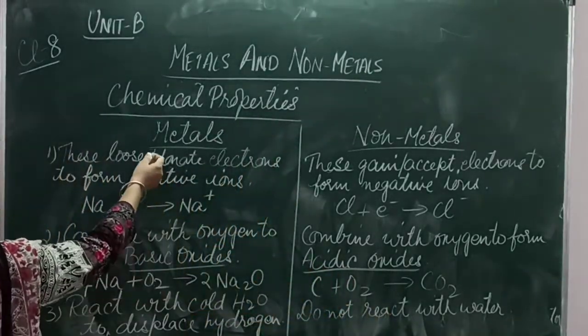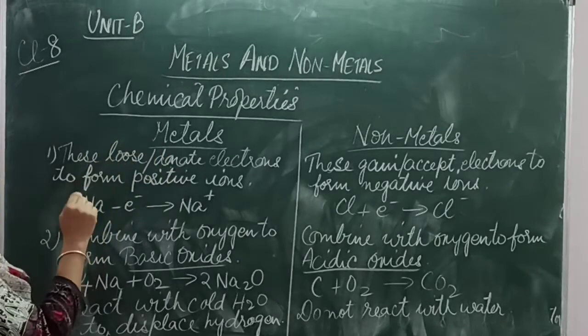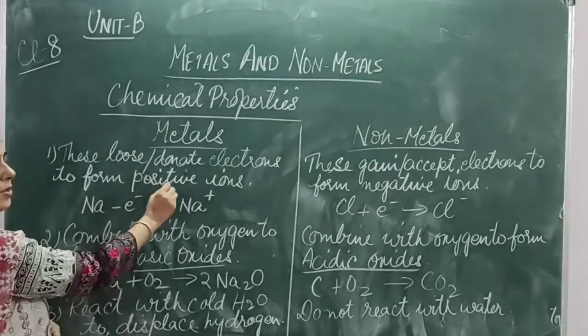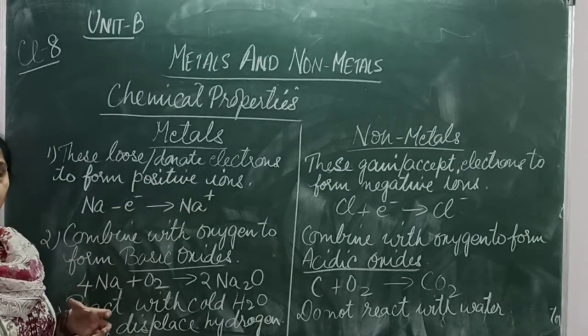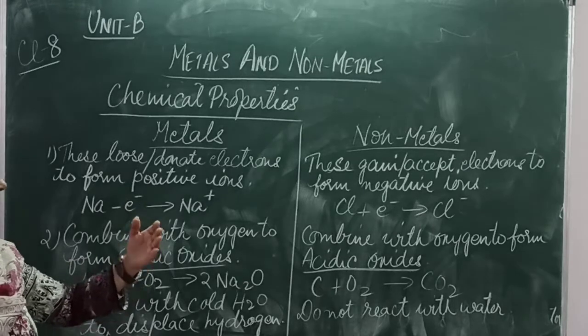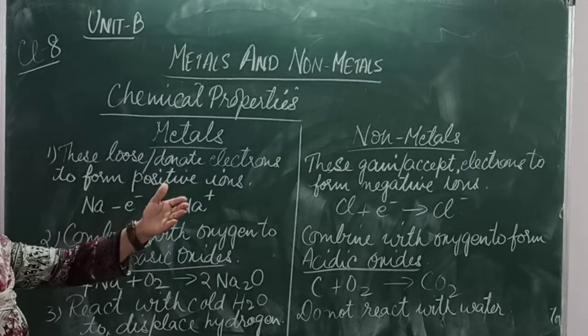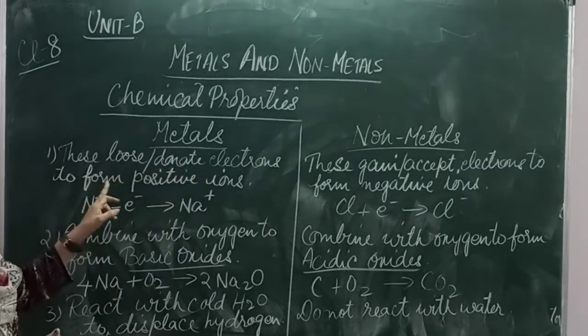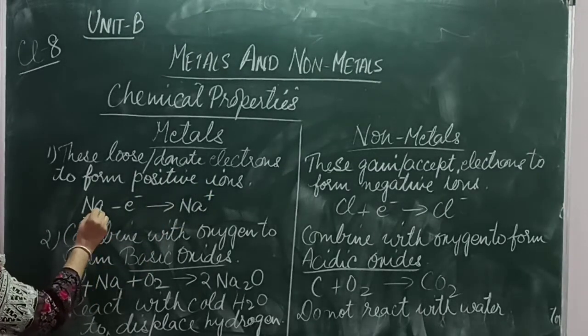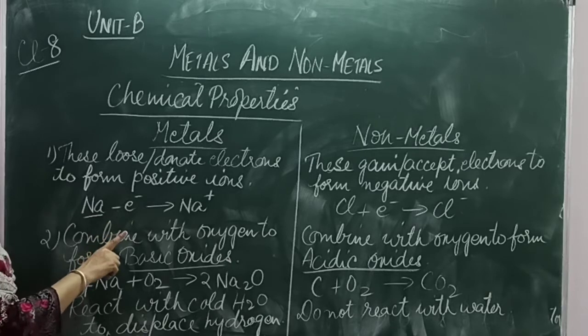In metals, the first property we'll discuss is that they lose or donate electrons to form positive ions. Now, Na is sodium. It gives away one electron.